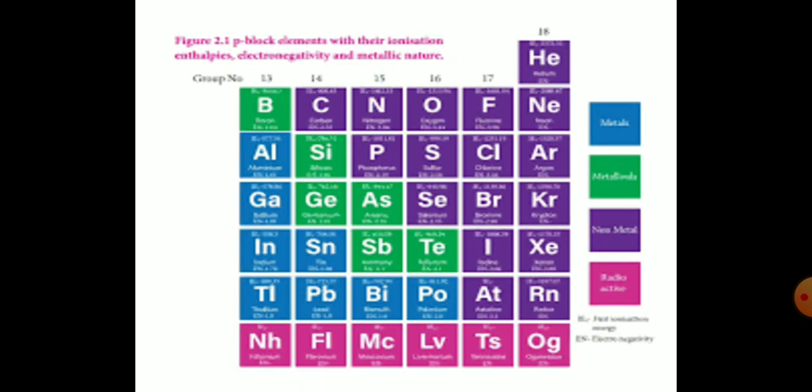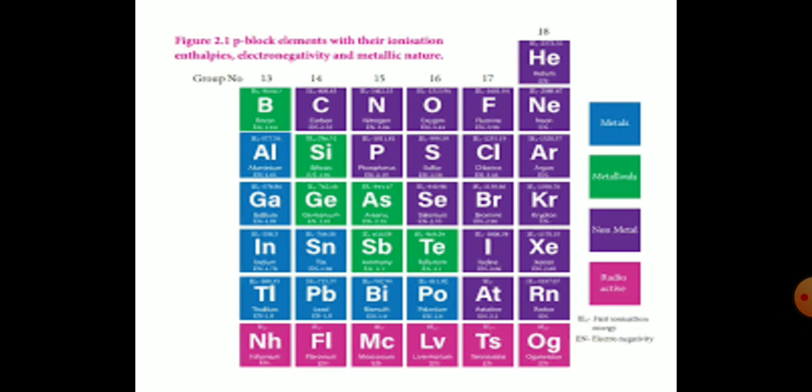Dear students, before starting the lesson, I would like to show you the position of P block elements in the periodic table. That is why I have shown this set of elements in this slide. Look at these blocks of elements. These are called P block elements. The first element is boron, and the elements below boron are called the boron family.